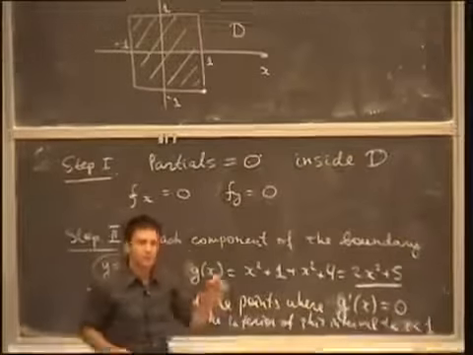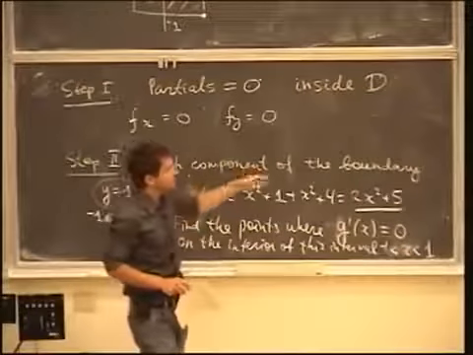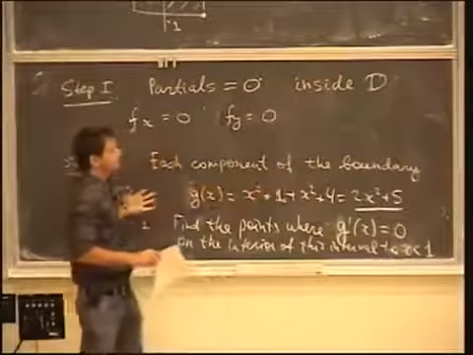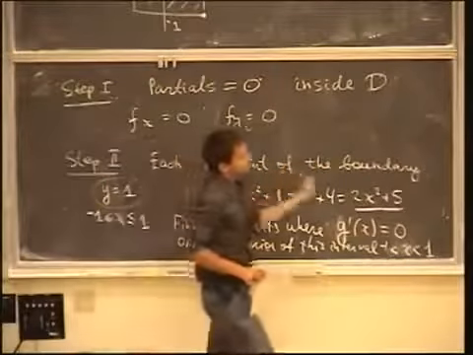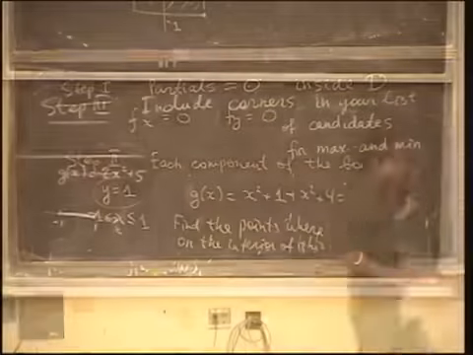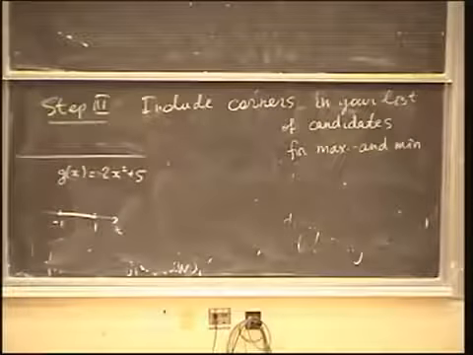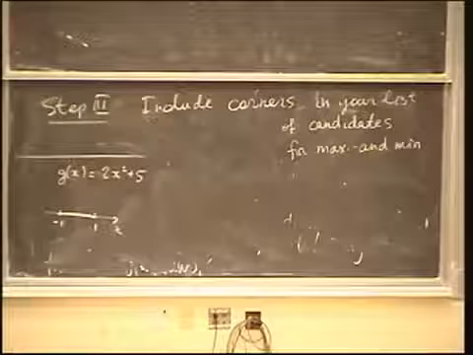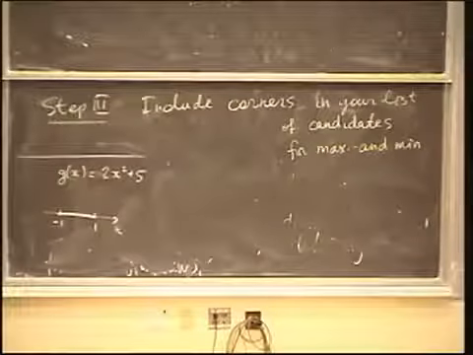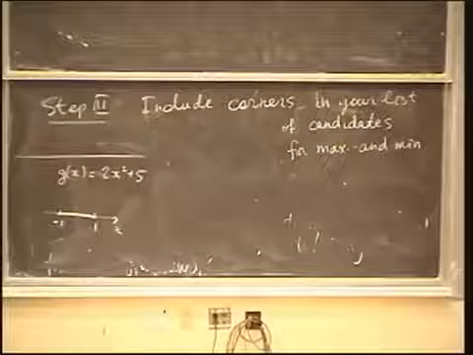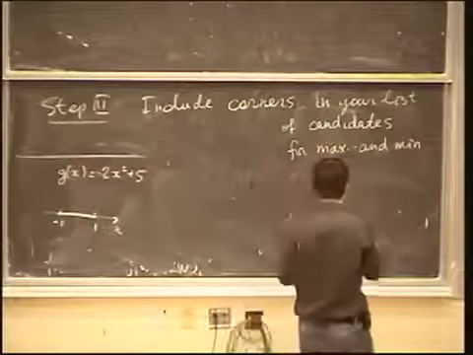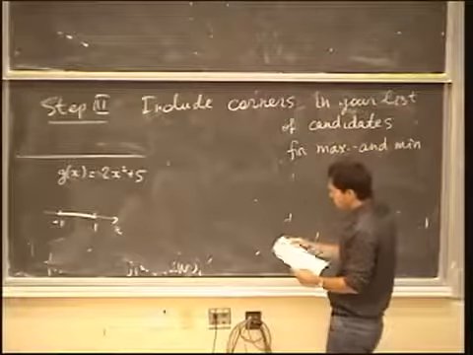That's what I meant at the end of my last lecture when I said there's 3 steps. In other words, I don't mean by step 2 doing the entire problem of finding the maximum minimum on each interval. I mean just doing part of that, namely finding the points where the derivative is 0. And then the endpoints you do as a separate step. So in this particular example, you have a list of how many points?